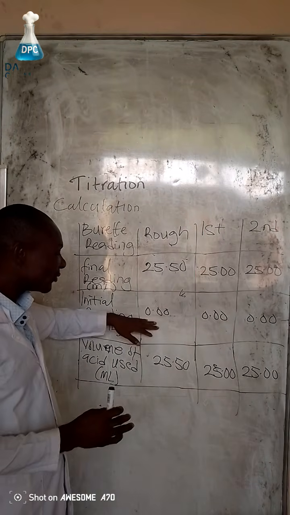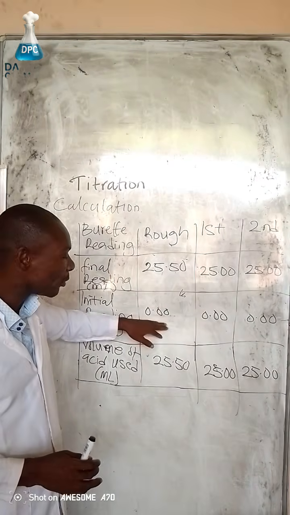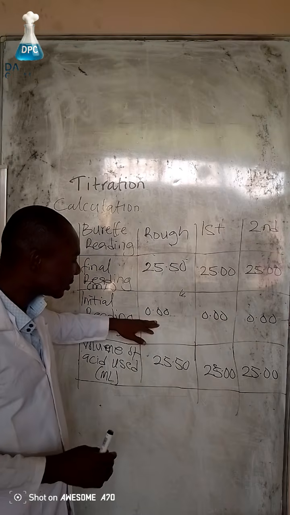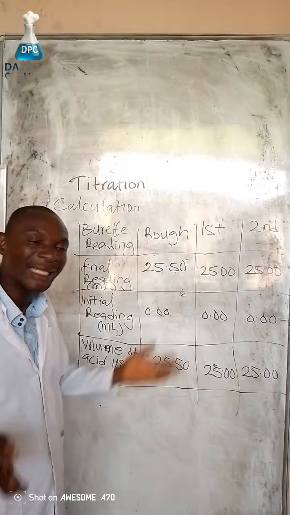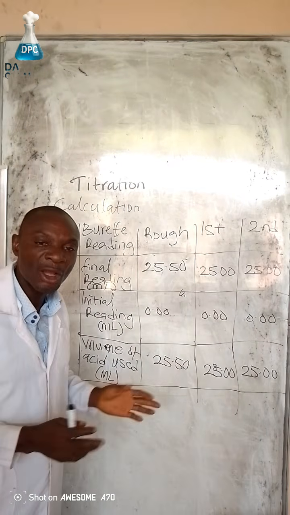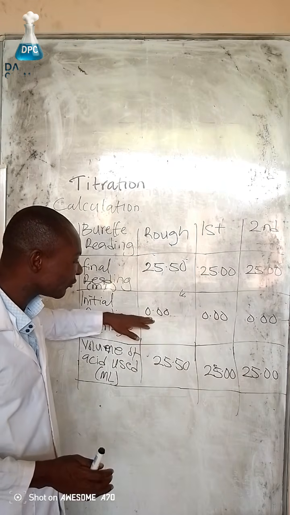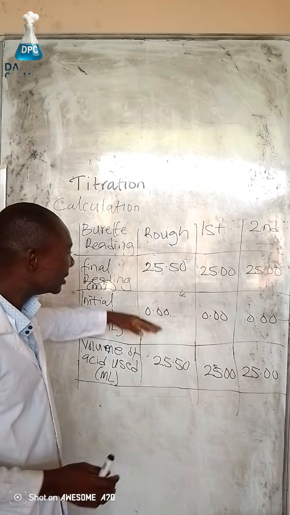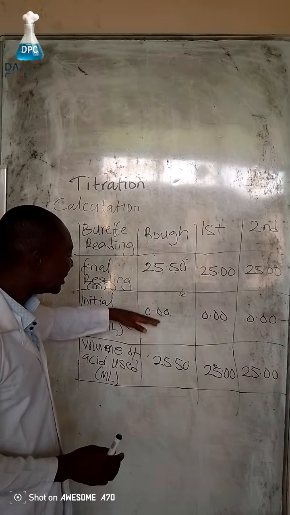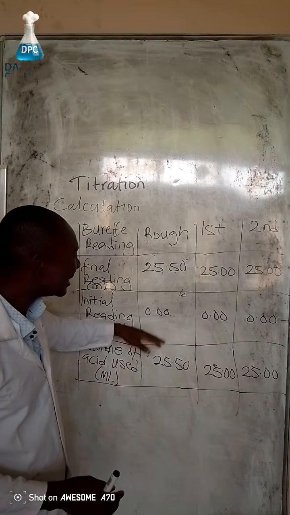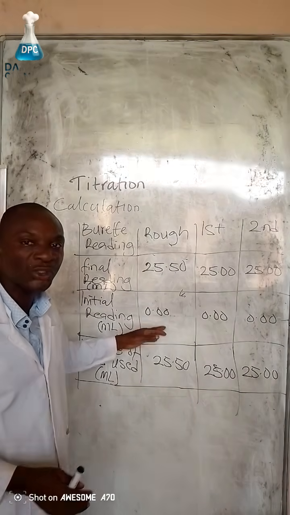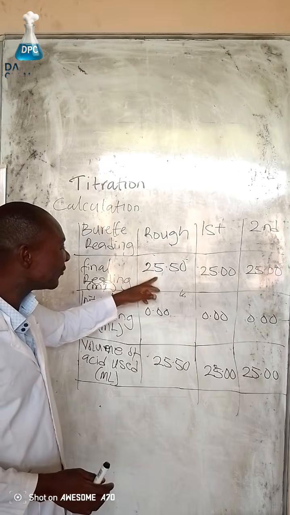When it fills to 0.00, then you report it this way. Or you can decide to start from any of the points. But here, assume that it was filled to the 0 mark. Now in the rough titration, the end point, the color change, occurred at 25.50.